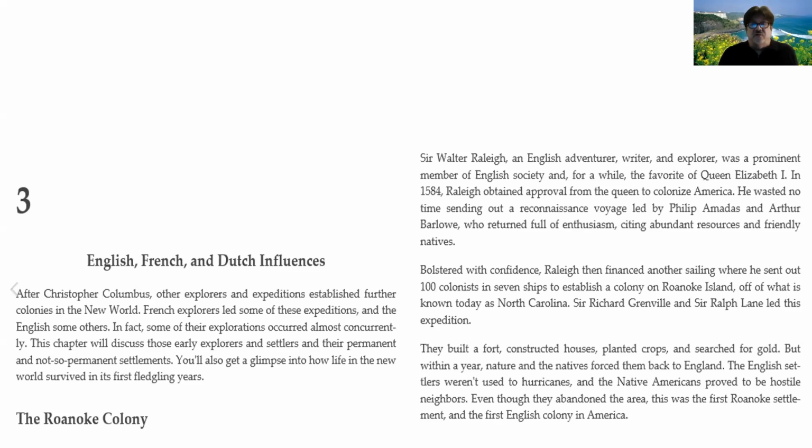Sir Walter Raleigh, an English adventurer, writer, and explorer, was a prominent member of English society, and for a while, the favorite of Queen Elizabeth I. Prominent means very well known, usually very high level. In 1584, Raleigh obtained approval to colonize America.